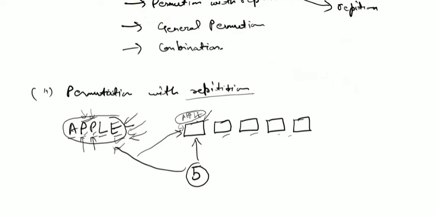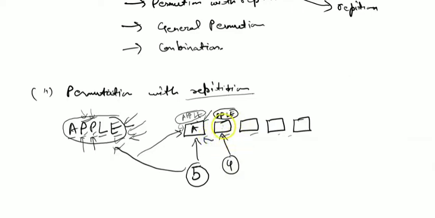If the word has already been set in the first slot, then it cannot repeat in the second slot. For the second slot, there are only 4 available choices. So for example, if I filled in A in the first slot, then for the second slot, I only have P, P, L, and E to fill in with. I only have 4 choices for the second slot because the A has already been filled in.